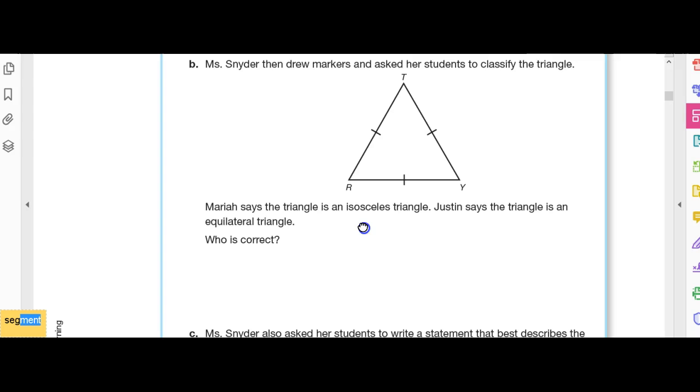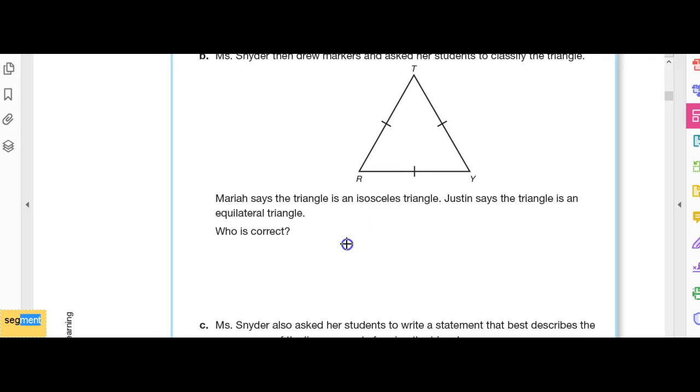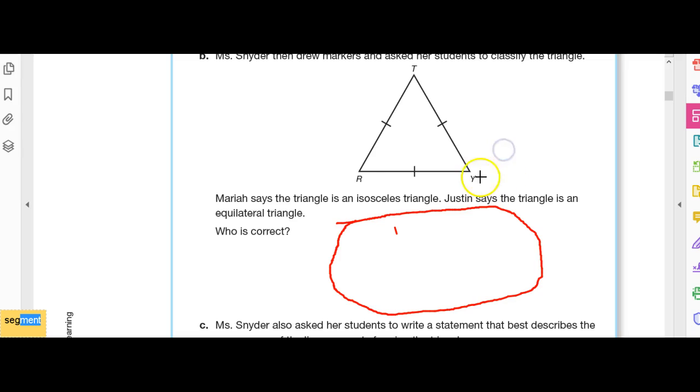Now, let me draw this out for you real quick, right? So if I had a Venn diagram, oh boy. I had a Venn diagram, and I had all these special triangles in here that were all isosceles. I think I'm going to try to use this speech bubble here. I don't know, we'll see if that works. I'm going to write isosceles in here.